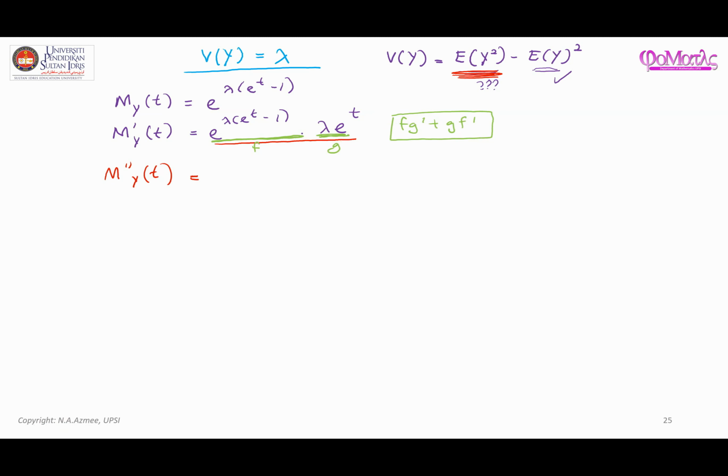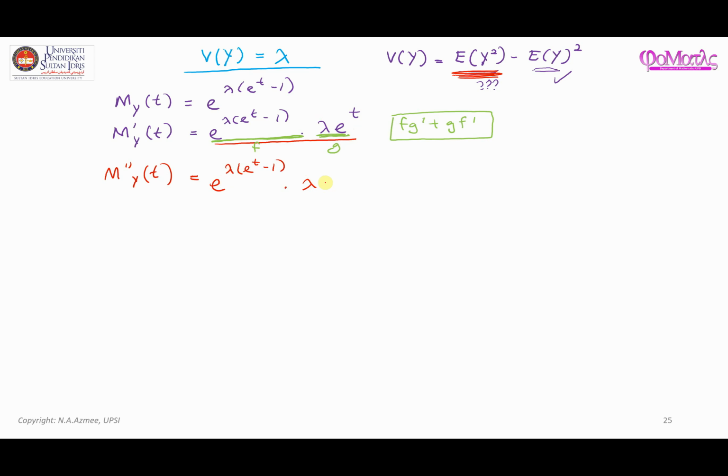Now f is this thing, so we write down e^(λ(e^t − 1)). For g′, differentiate this: λ is a constant, so it is maintained as it is.